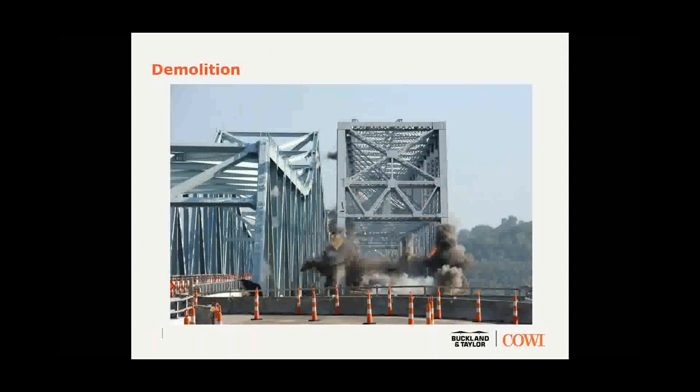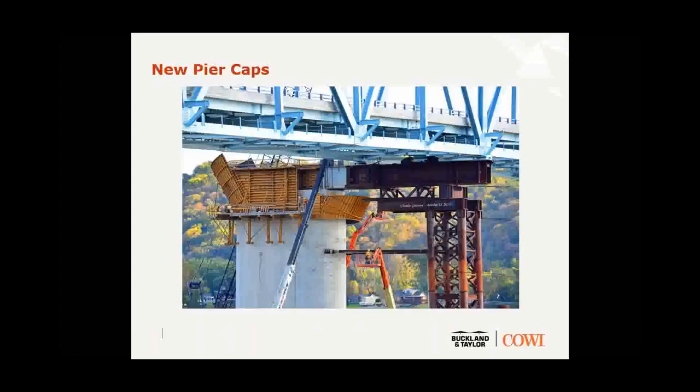on the new bridge. Again, Charlie will talk more about demolition, but this is the point at which the old bridge gets removed. There's a few impressive photos in there, I'm sure. And the new pier caps can now be constructed with the old bridge out of the way, and line up with our temporary sliding girders.